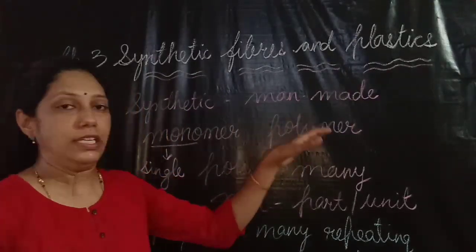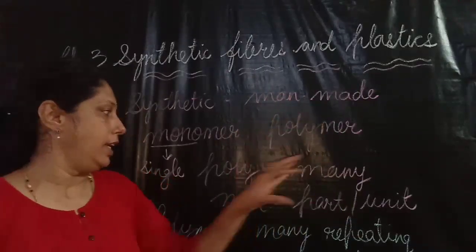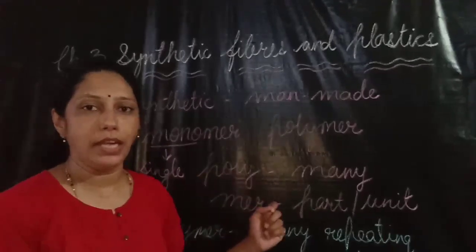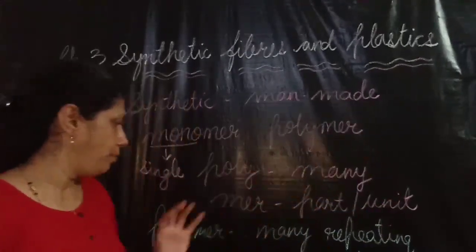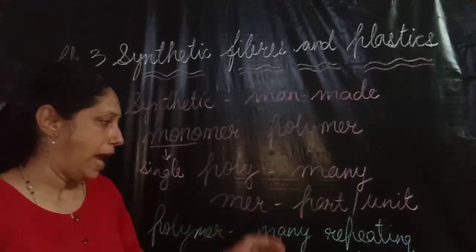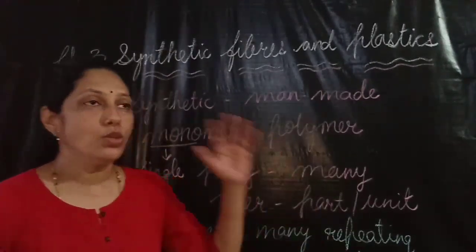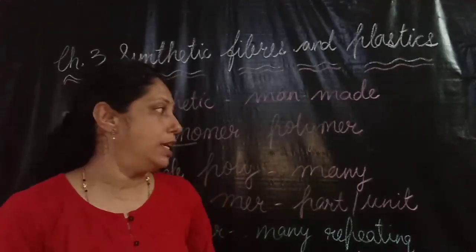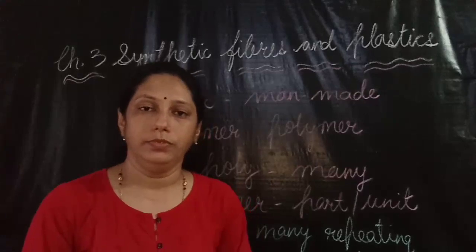This polymer is the Greek word. In Greek, poly means many and mer means part or unit. So here polymer is made by joining the many repeating units. So synthetic fibers are the fibers which are the polymers.